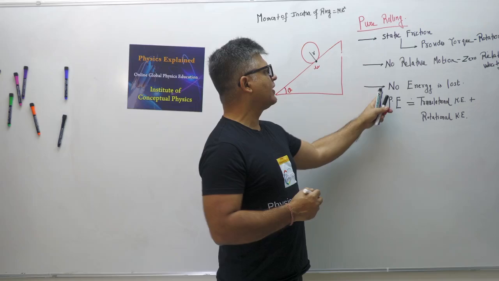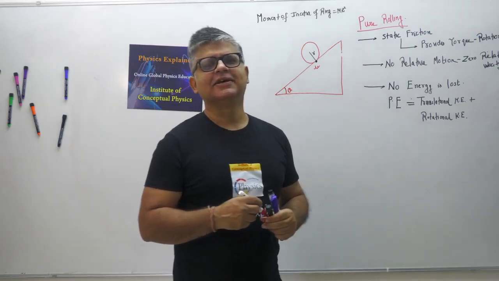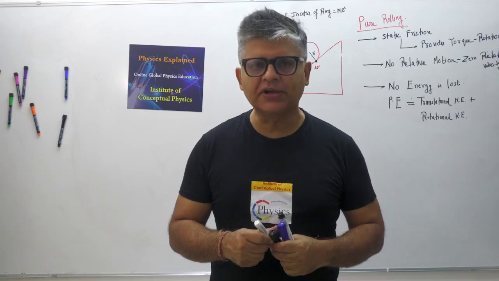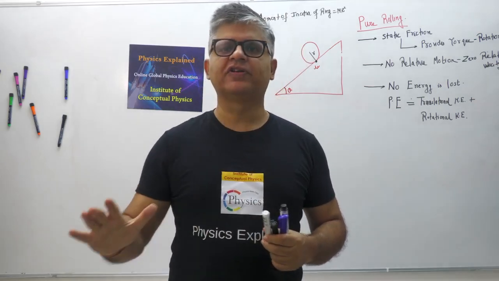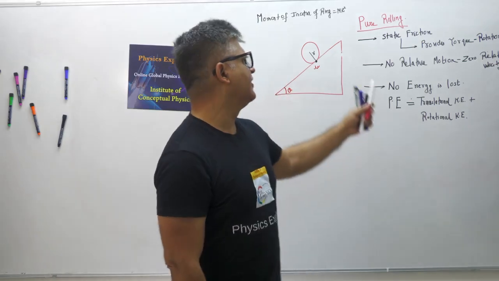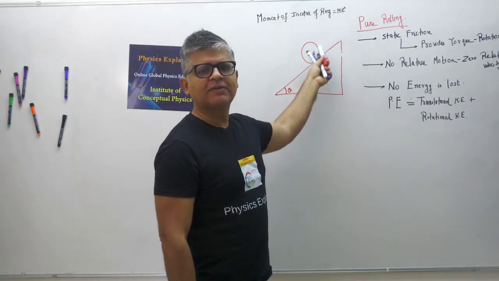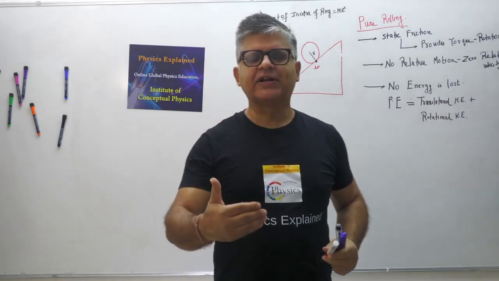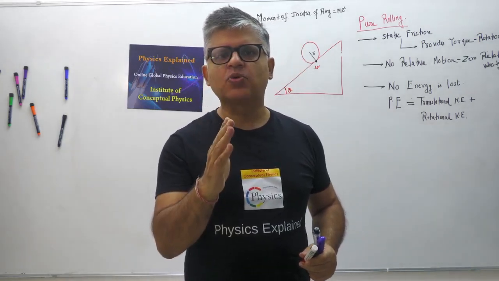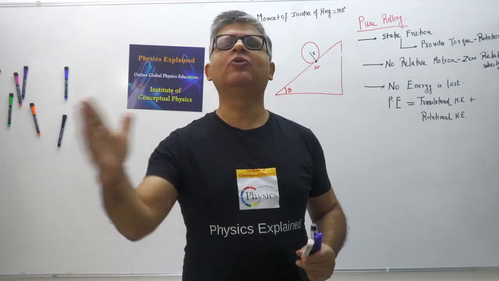Now, what happens to energy? Since kinetic friction is not involved, there is no loss of energy. So if you are releasing it from a certain height, the potential energy gets converted into half mv square plus half I omega square.